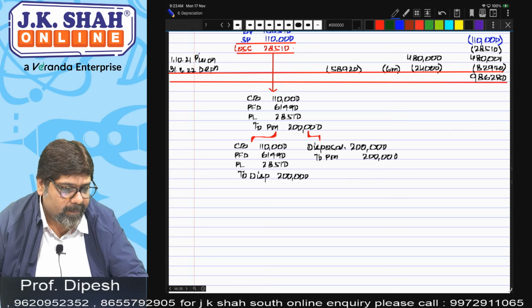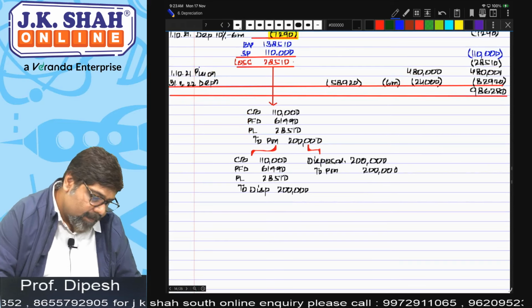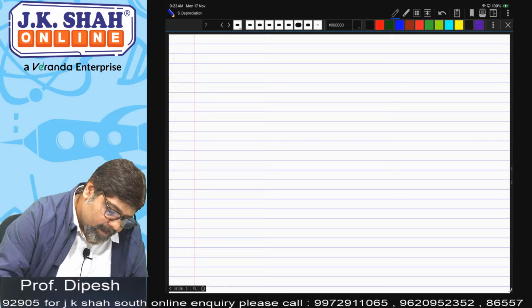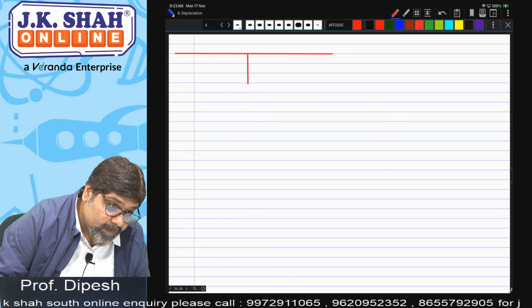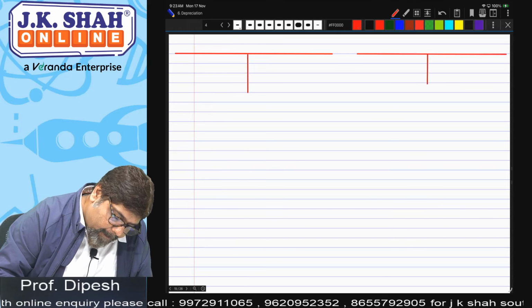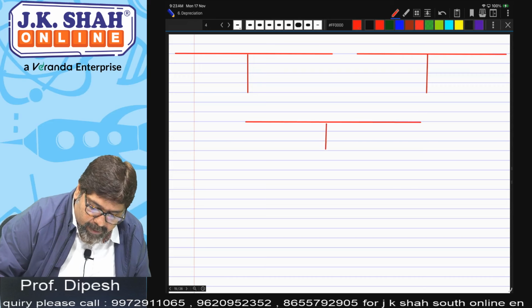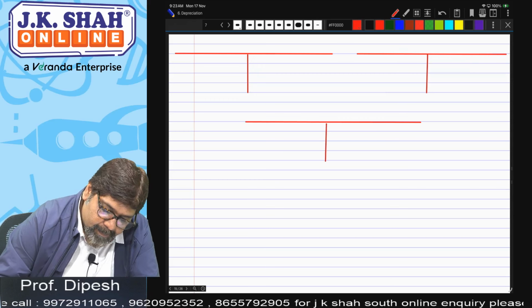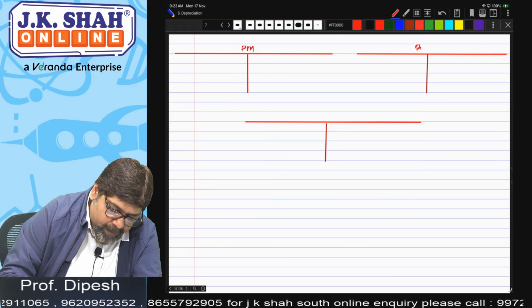Now, you are supposed to prepare how many ledger accounts? 3 ledger accounts. What are those 3 ledger accounts? First one is plant and machinery account, then provision for depreciation account.